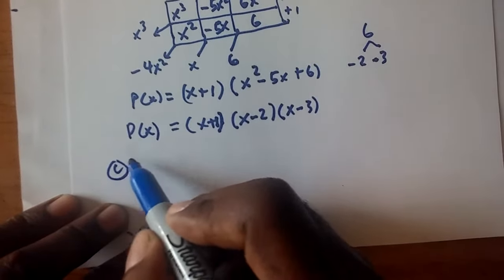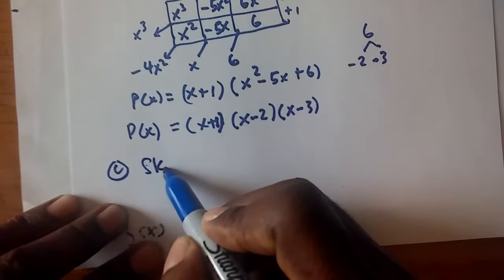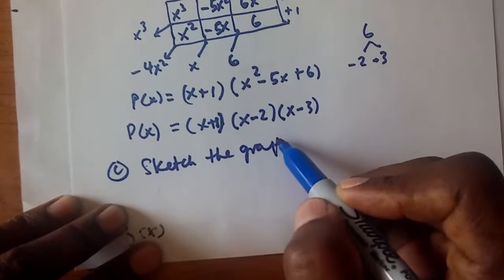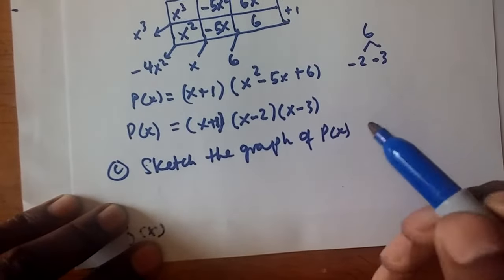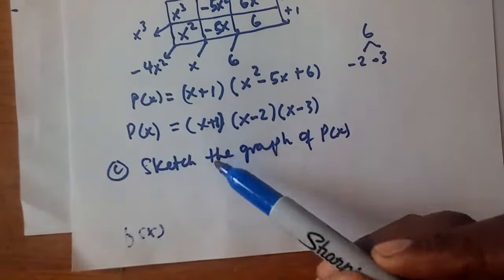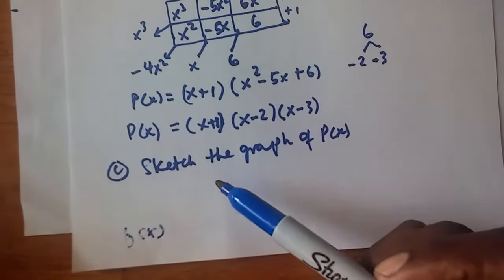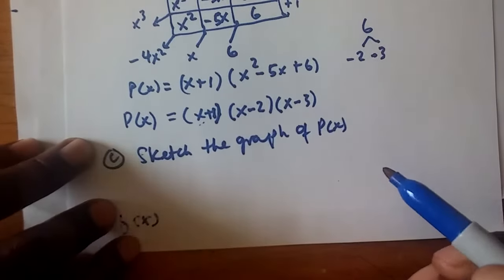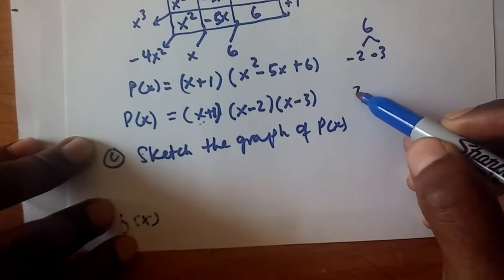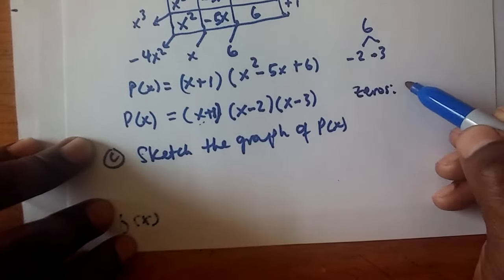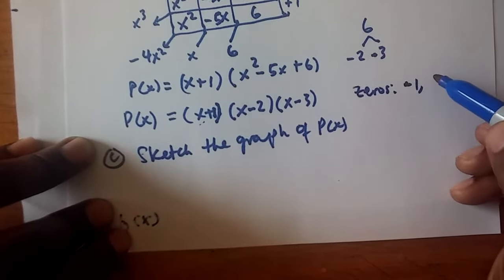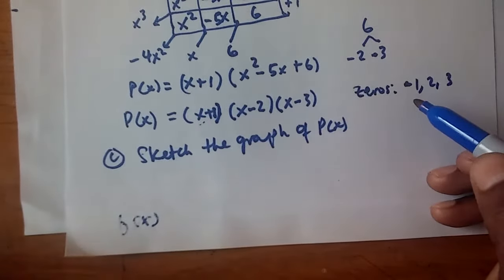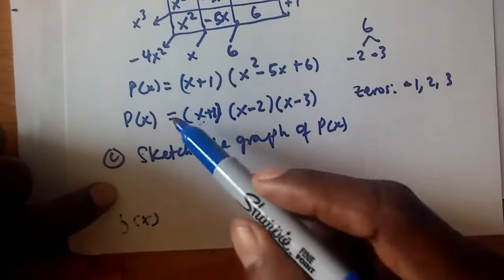The last question for this might say, sketch the graph of p of x. From this factored form, we can actually write 3 things. We know what the zeros will be: negative 1, 2, and 3. The degree is 3, and the leading coefficient is positive.